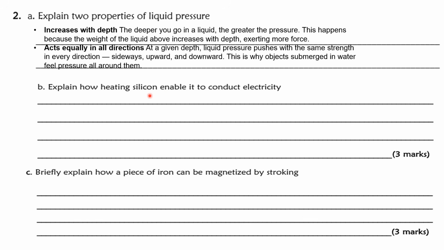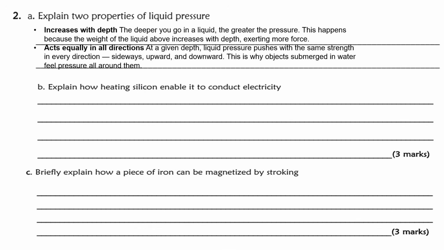And in order to enhance its conductivity, it is either heated or it is doped, meaning some impurities need to be added to it. Then it becomes a better conductor. So explain how heating silicon enables it to conduct electricity.